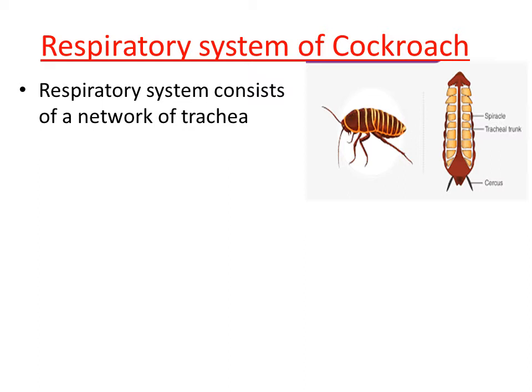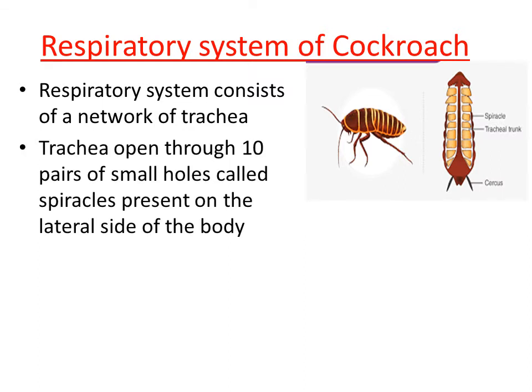This huge network of trachea consists of 10 pairs of openings, right? These 10 pairs of openings are called spiracles. Where these openings are located, you can find in the diagram. Towards the lateral side of the body, small holes will be present.